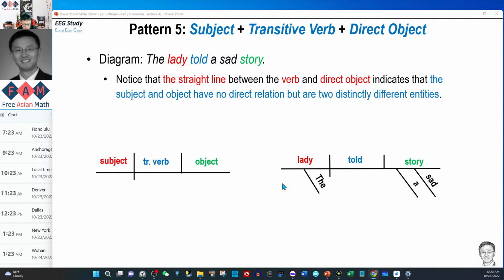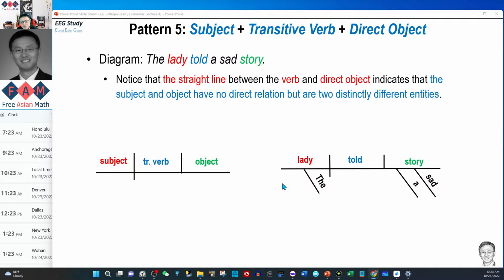I'm not sure, but it represents some kind of a noun. Both represent some noun, but they have no direct relationship. Okay, they are somehow connected via a verb in between. This verb is a transitive verb.